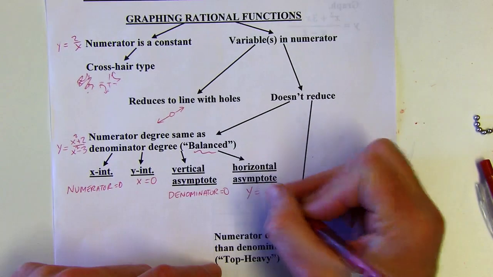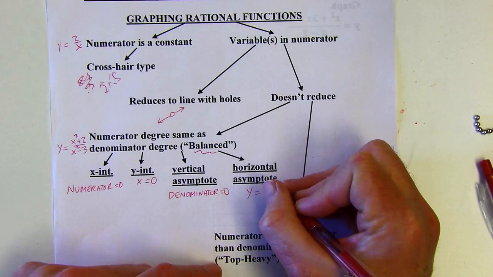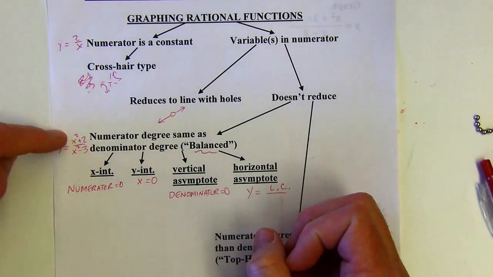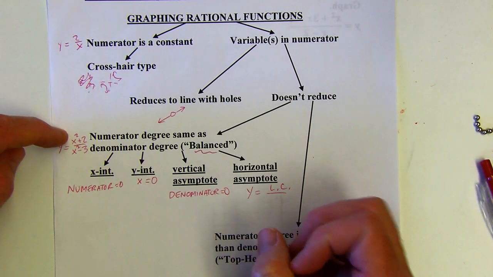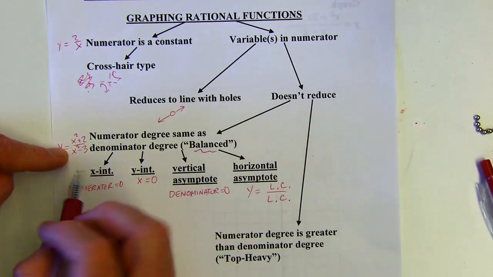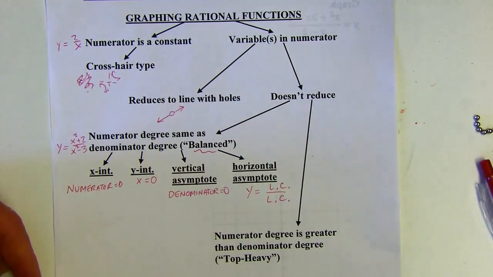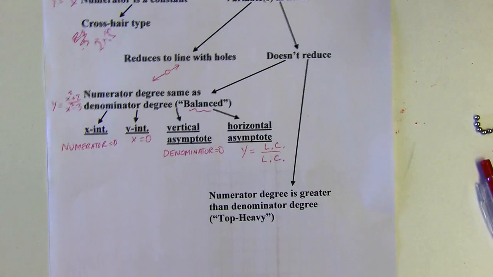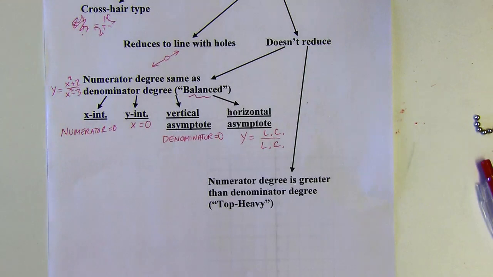So the top is going to be the leading coefficient of the numerator, okay? So the leading coefficient up here would be 1, okay? Then on the bottom, I'll take the leading coefficient of the denominator, which for this example would also be 1, okay? And again, I'll show this all in a couple examples here in a second, but I just want to get this flow chart to organize the different types, okay?